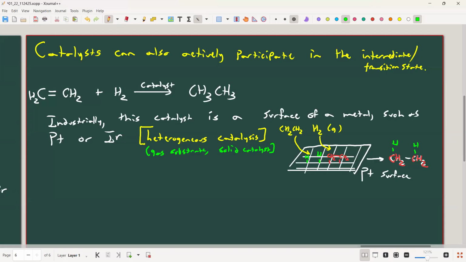In fact, everyone who owns a car has a catalyst in the car. A catalytic converter is a heterogeneous catalytic reactor that takes O2 and unreacted gasoline to finish the job, if you will. The catalytic converter finishes the combustion job the engine didn't do, amongst others. So that's a heterogeneous reactor.